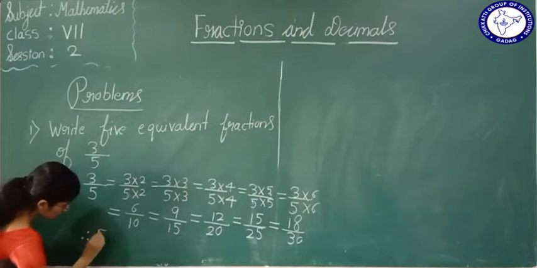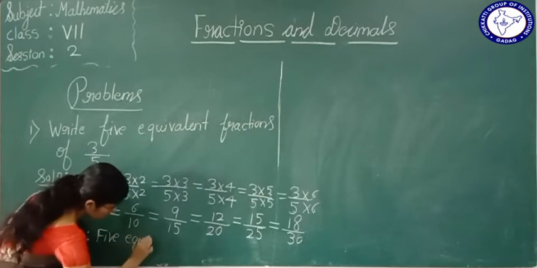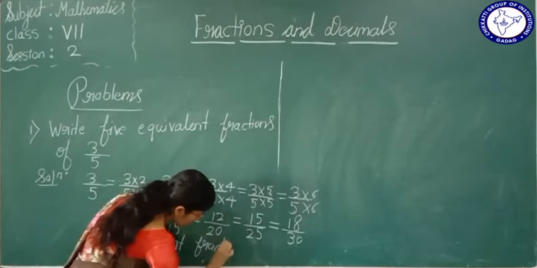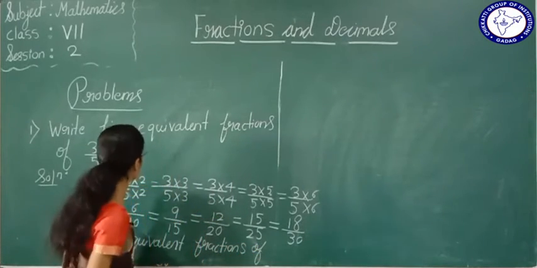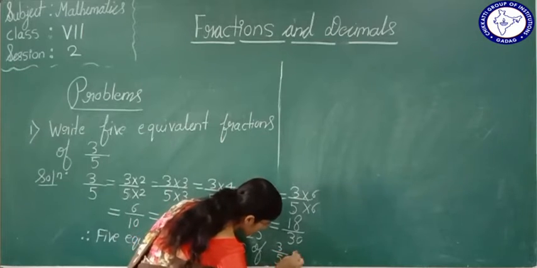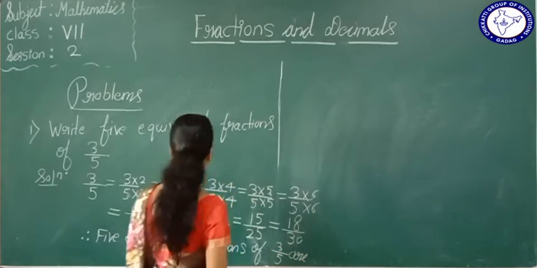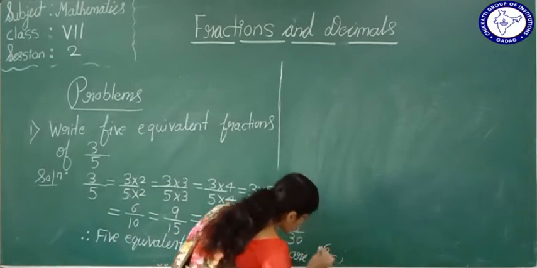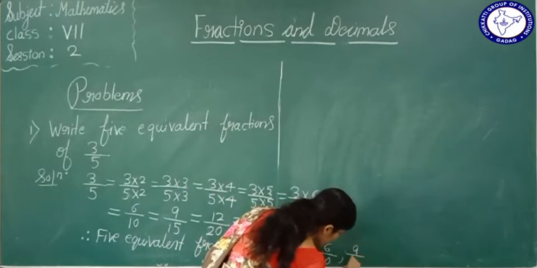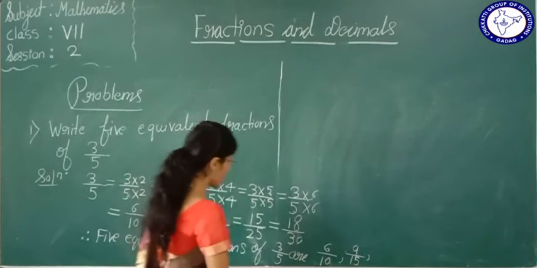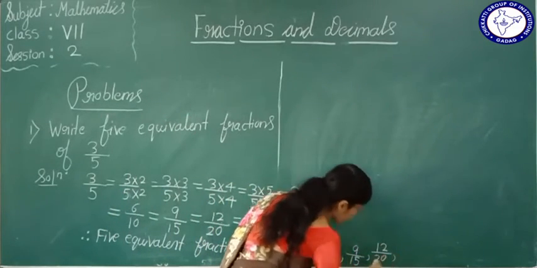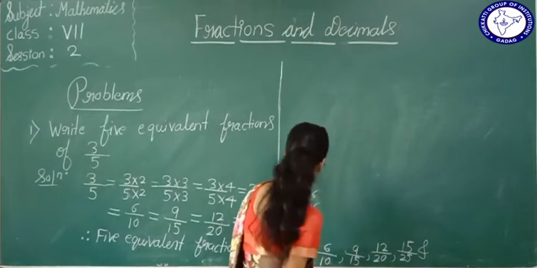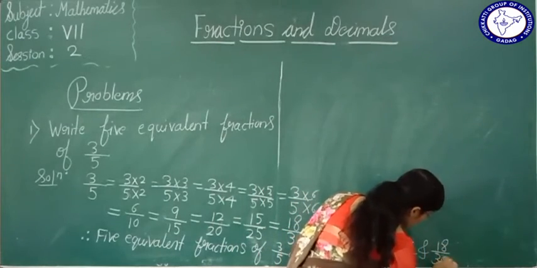Therefore, 5 equivalent fractions of 3 by 5 are 6 by 10, 9 by 15, 12 by 20, 15 by 25 and 18 by 30.